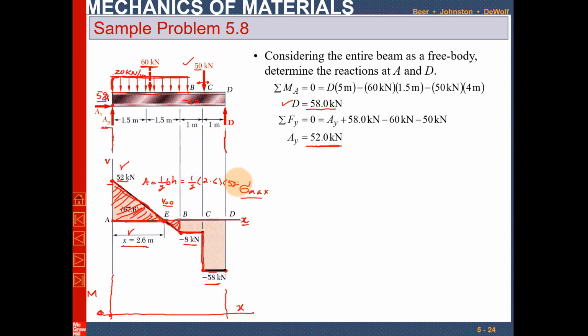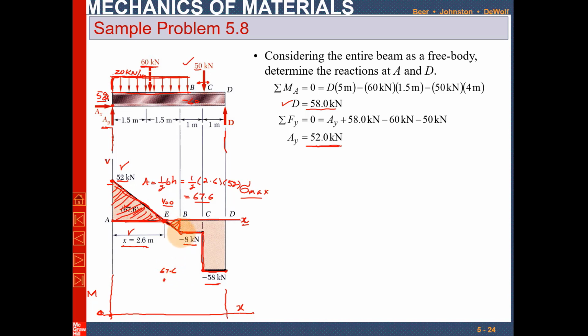So when you multiply it, it will give you 67.6. Again, it is written over here. So the area under the shear force diagram between A and E is 67.6. So at point E, you have to plot 67.6 as per your scale. So let's say this point is point E, and at this point it is 67.6. Clear? The bending moment is 67.6 kilonewton meter.